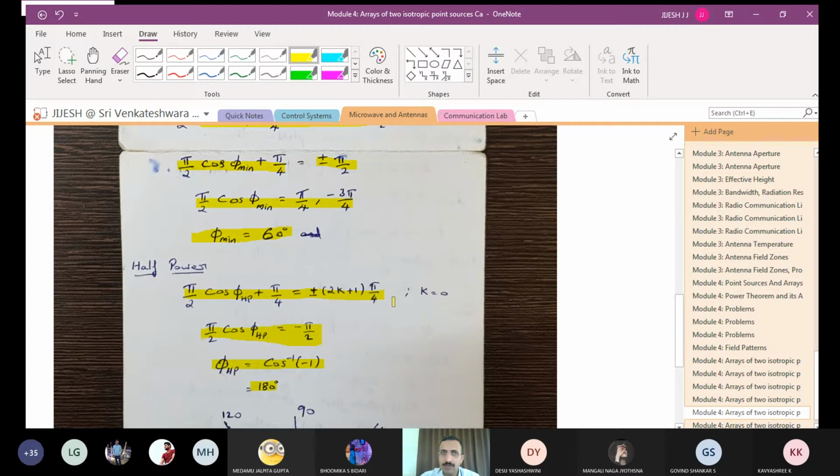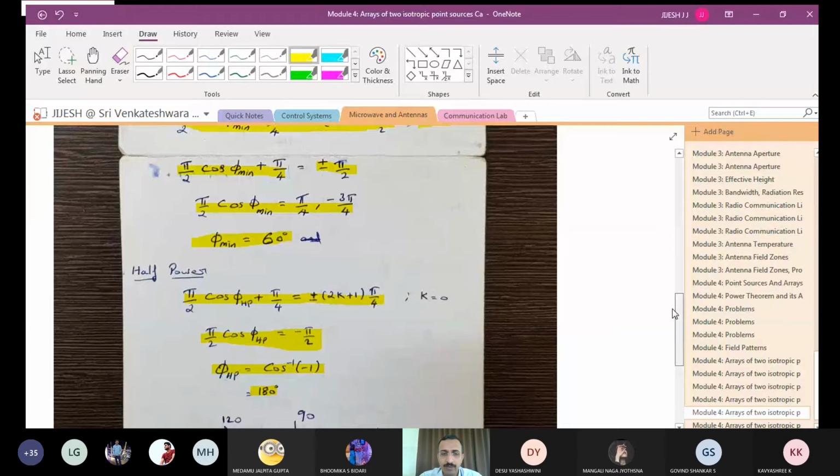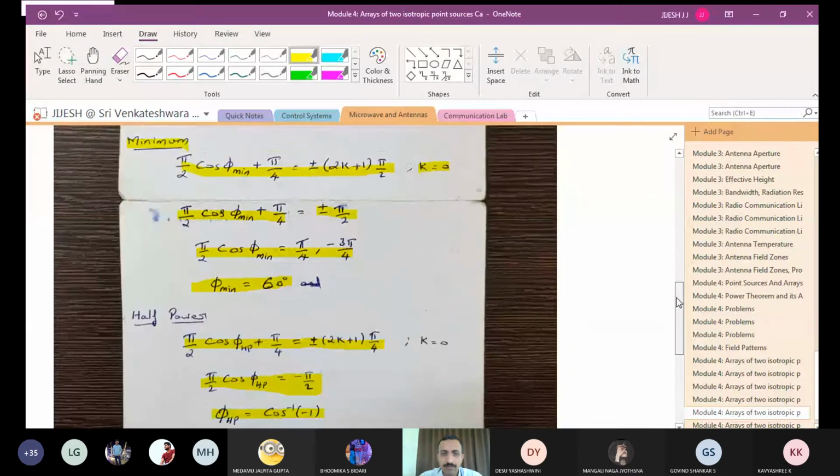So first we will draw a 0 degree, then we can draw 60 degree, 90 degree line, 120, 180, 240, all those lines you can draw, and then we will start marking the points. When we have to mark the points, first we will mark the maxima, half power and minimum values.